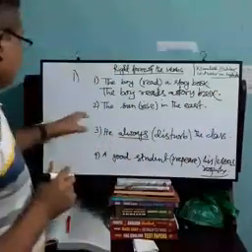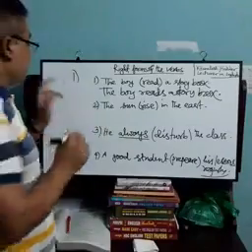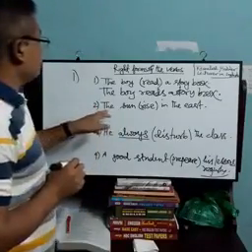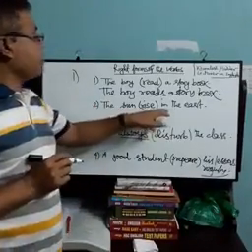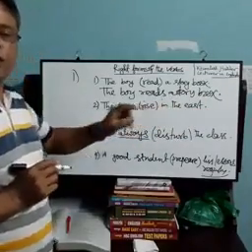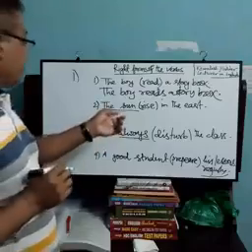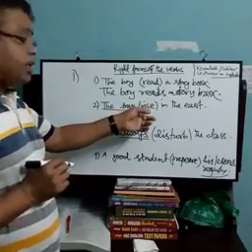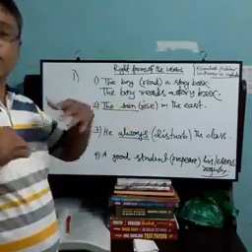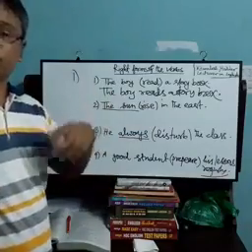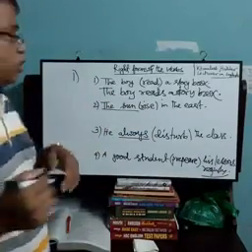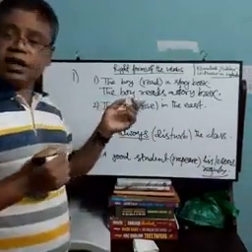Okay, and the second sentence is: the sun rises in the east. The sun is third person and singular in number, and it is a habitual fact or universal truth. The sun rises in the east.